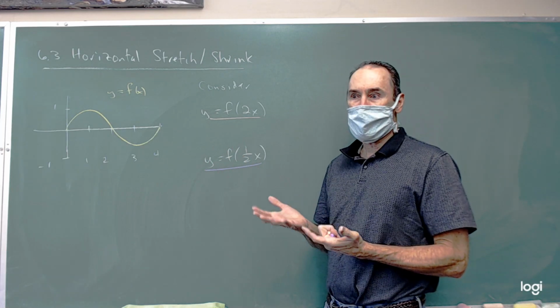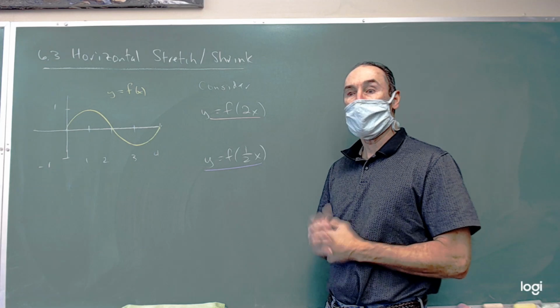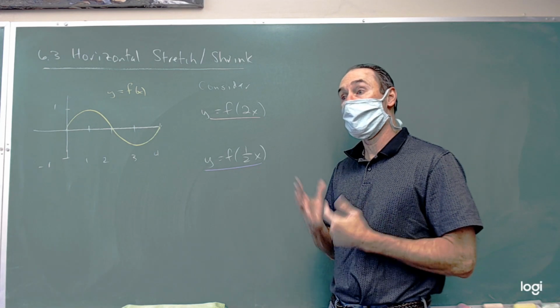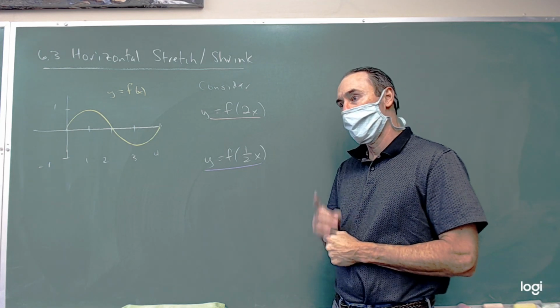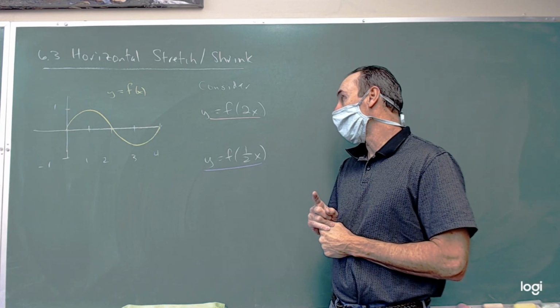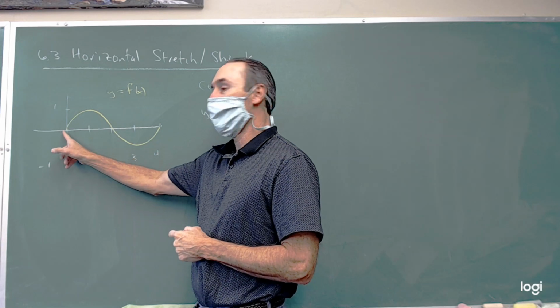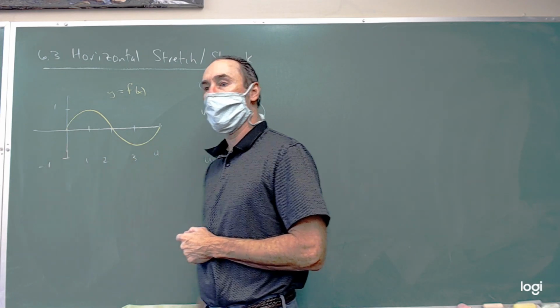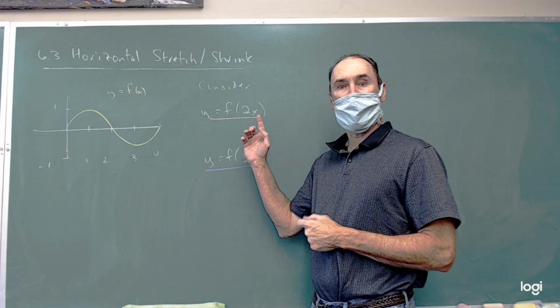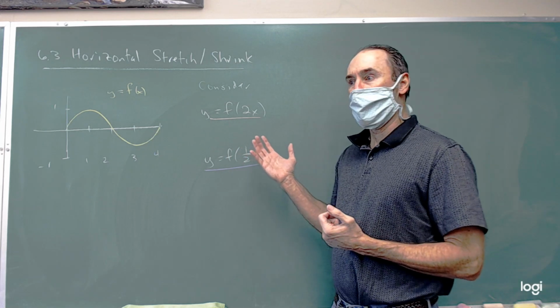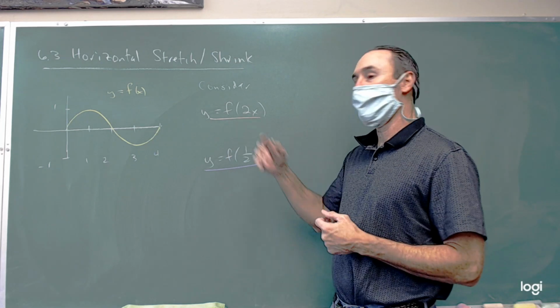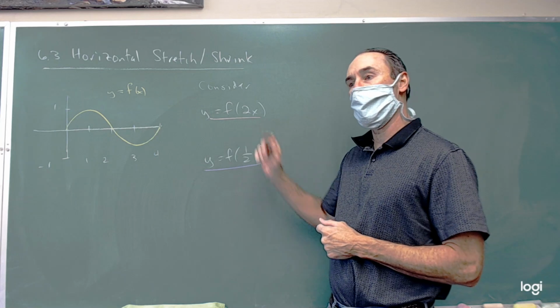So let's talk about why that is and try to make it make sense so that we can remember it down the road. So one thing to do is, well, the 0 isn't going to make any difference. So plugging in 0 here and plugging in 0 here, we're going to get the same thing. So at the point 0, this is going to be unaffected by the fact that that's 2.